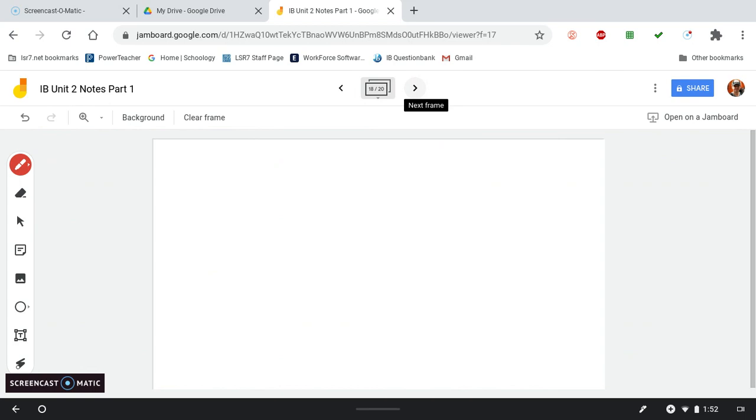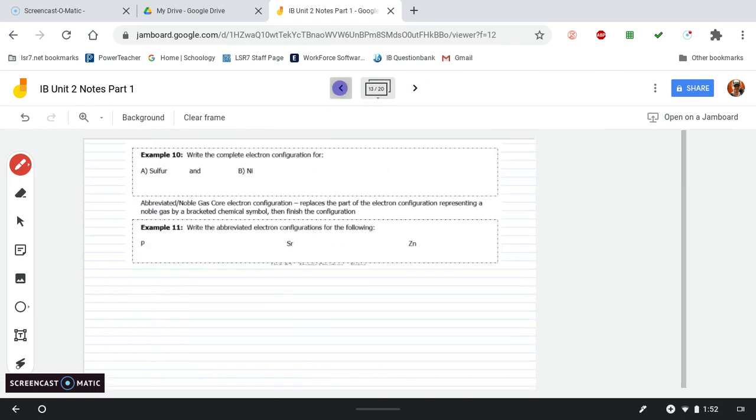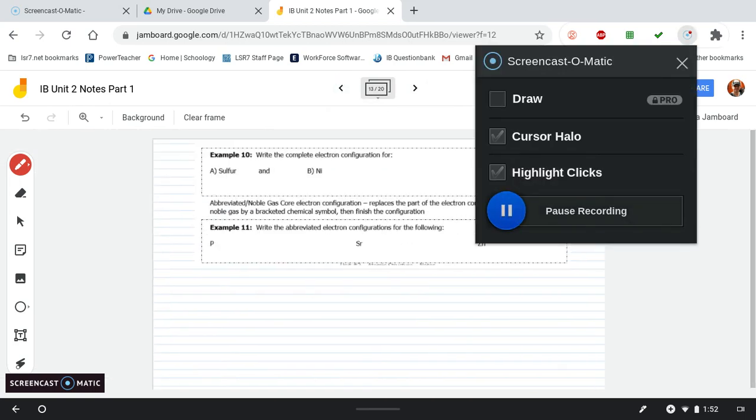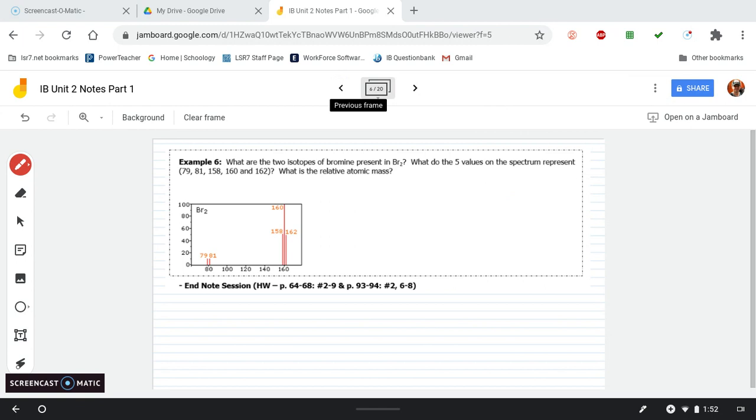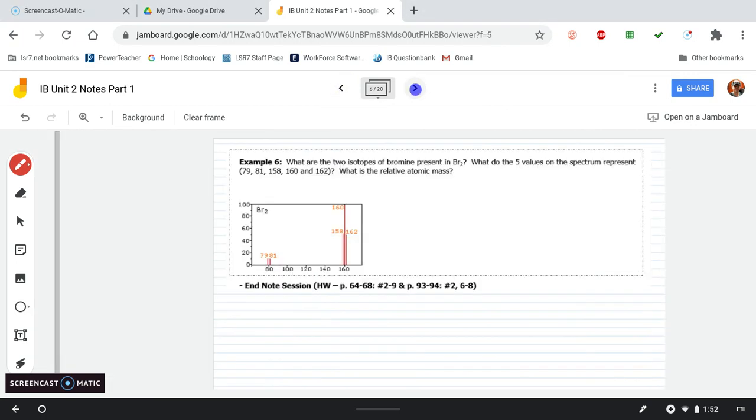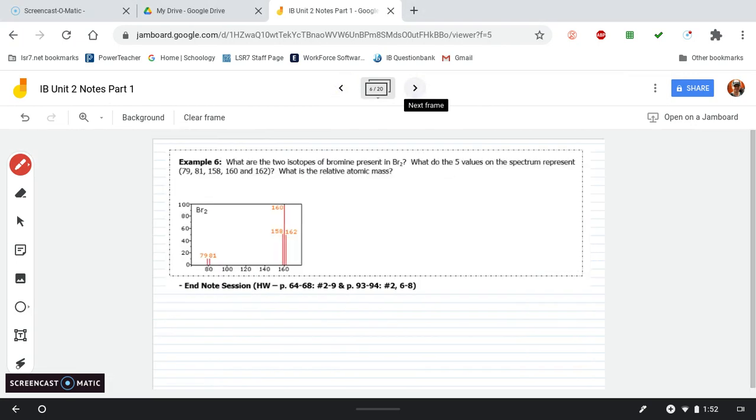The last, actually I got to go all the way back. Okay, this one is back to where we want to be for that last example. So example 6, you can try this on your own. It's a bit of a tricky one, but you can give it a whirl.